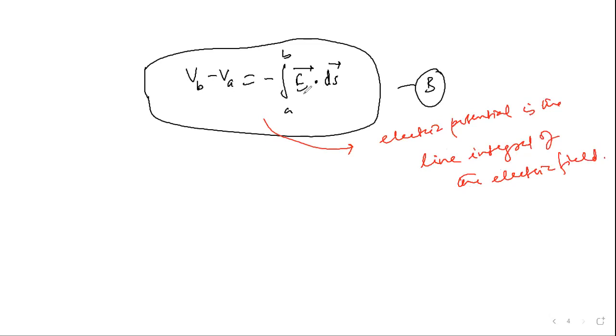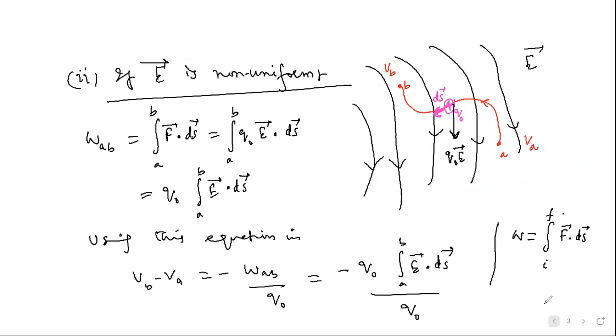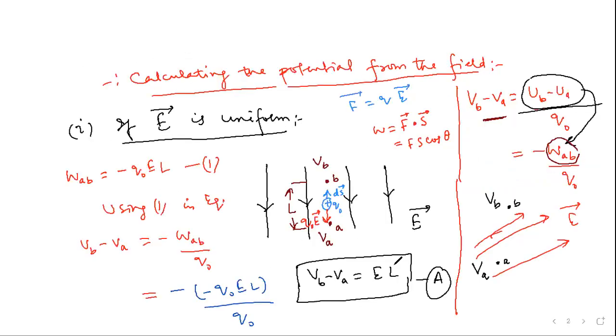Because this kind of integral is called a line integral, you already know that. So if you have to find the potential difference VB minus VA, you need to know the electric field. Put that in this integral and solve for this integral. This is the non-uniform case, and the uniform case is this. Here one thing is important: L is the distance between the points A and B along the field, right?